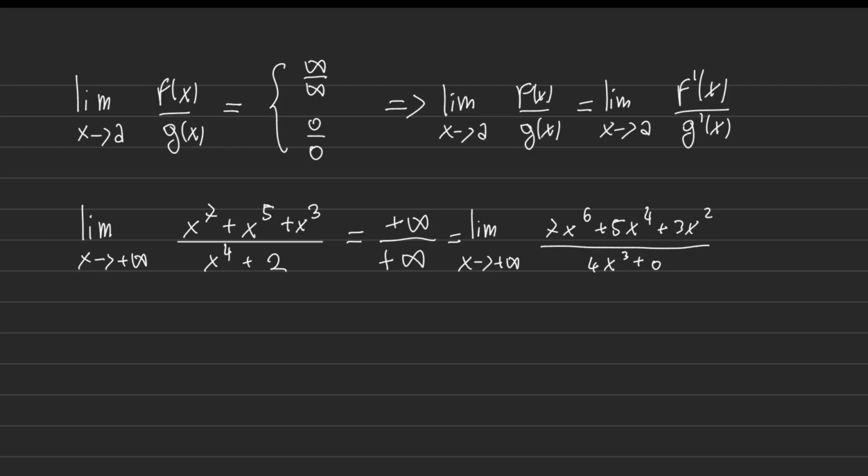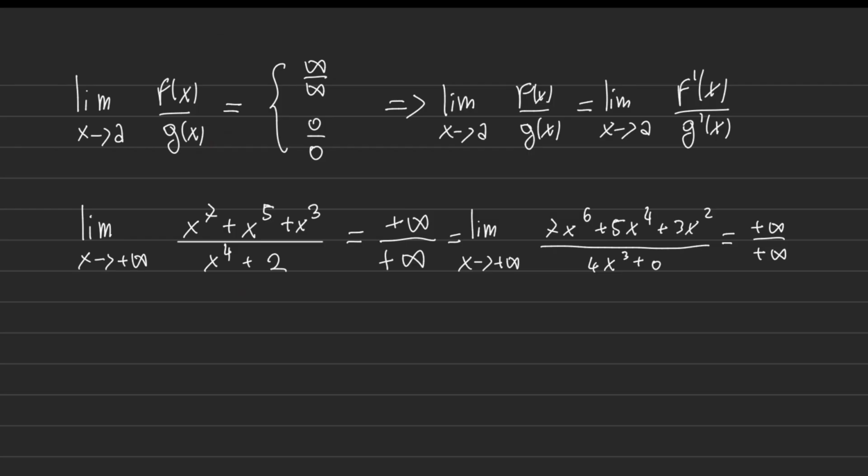And again, when I plug in plus infinity, I get plus infinity over plus infinity, which means that in principle I have to reapply L'Hopital's rule and take another derivative, and this might happen over and over again.